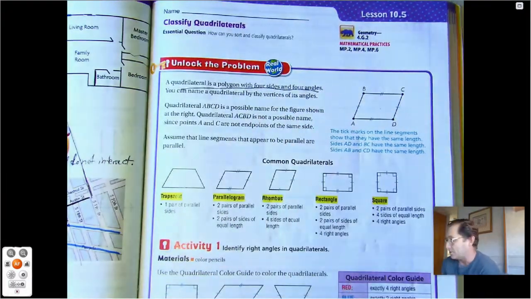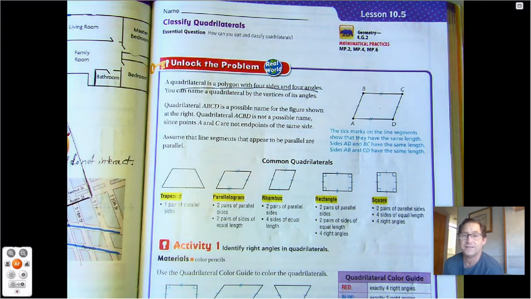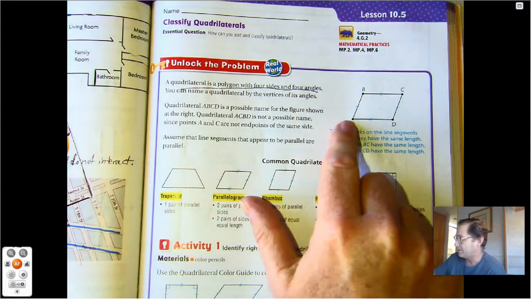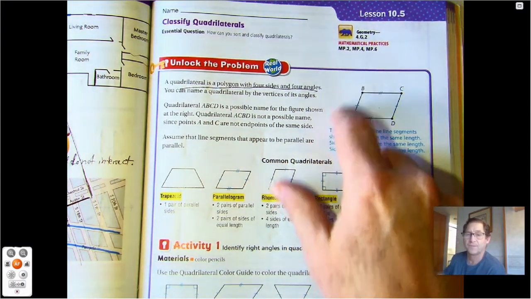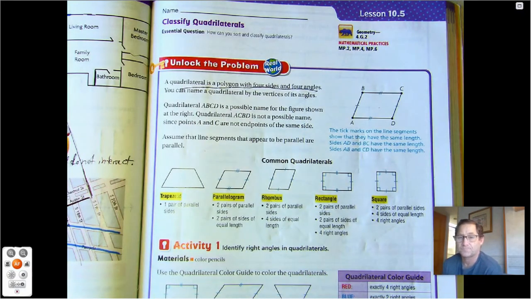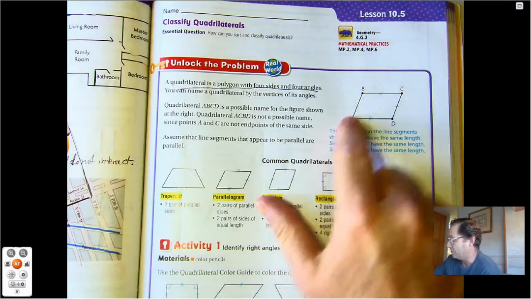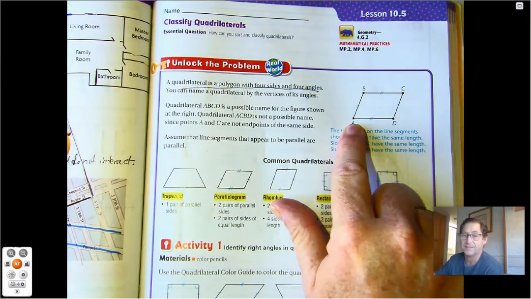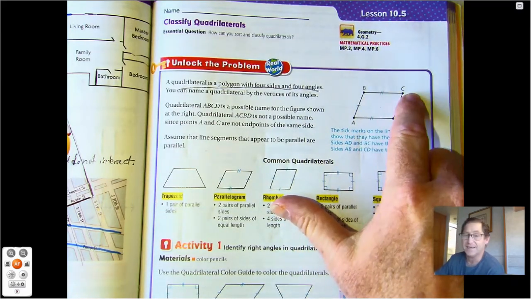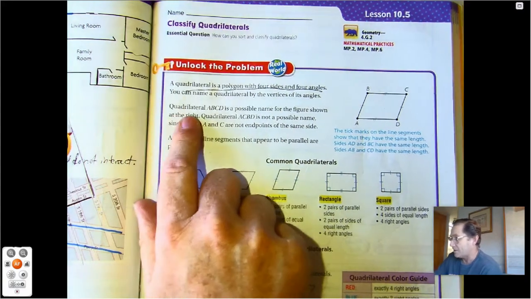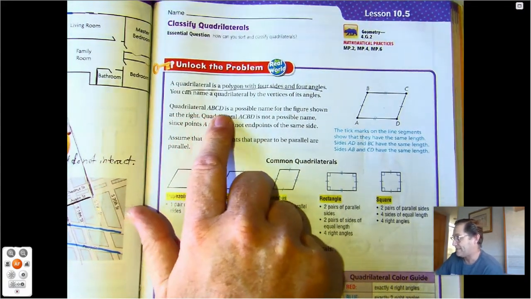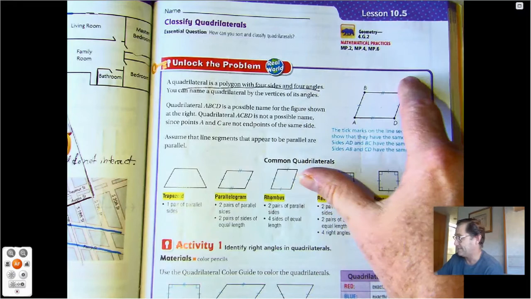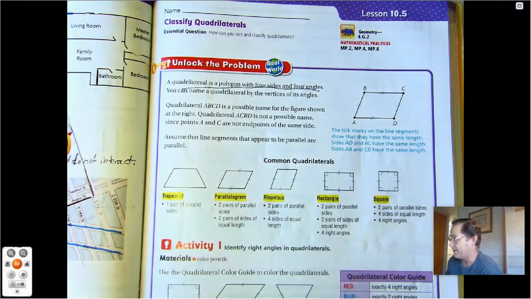And we can name a quadrilateral by the vertices of its angles. Remember, the vertices are the corners or angles, the endpoint where 2 rays meet is the vertex. So this angle here, A is a vertex, B is a vertex, C and D. So I can name quadrilateral ABCD as a possible name for the figure.